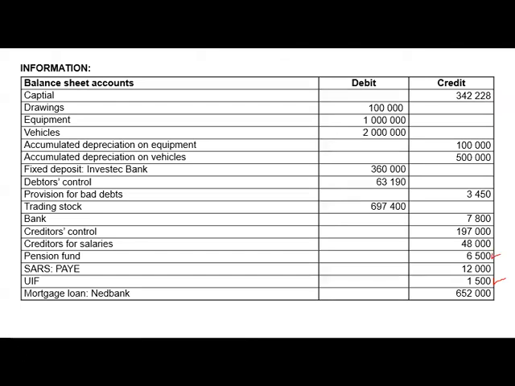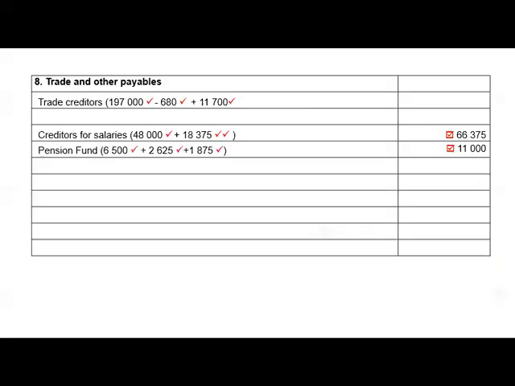But before I get to the UIF, I'm noticing that between pension and UIF, I've got SARS pay as you earn, which is 12,000. I will start by recording that first in my trade and other payables. I will record SARS pay as you earn, which is what we owe to SARS in terms of taxes, and that'll be 12,000. But to this 12,000 rand, I am going to add the pay as you earn that was omitted from the salary details of the employee that was erroneously left out.